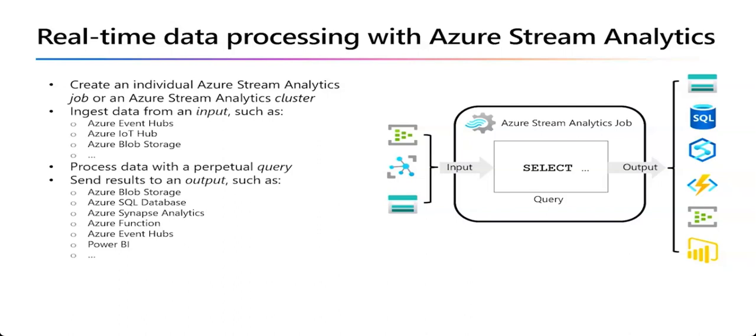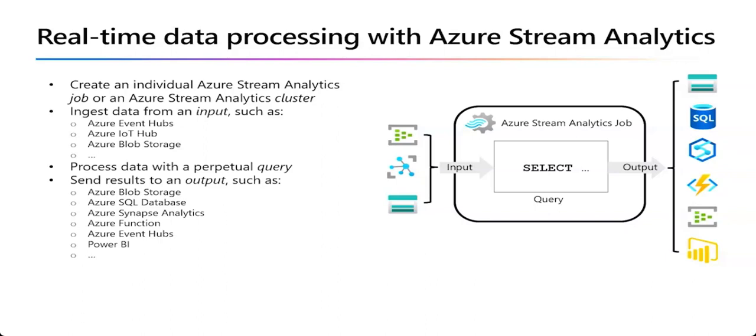Write the results to an output such as Azure Data Lake Gen2, Azure SQL Database, Azure Synapse Analytics, Azure Functions, Event Hub, or even Microsoft Power BI. Once started, a Stream Analytics query will run perpetually, processing new data as it arrives in the input and storing all the results in the output.